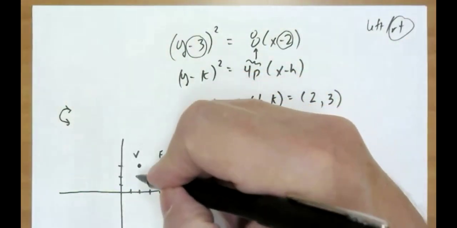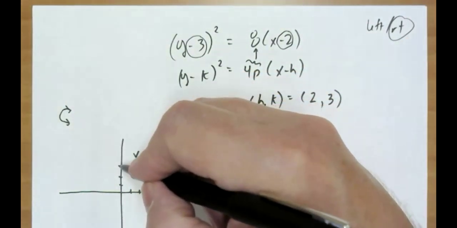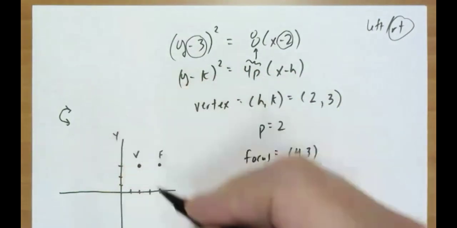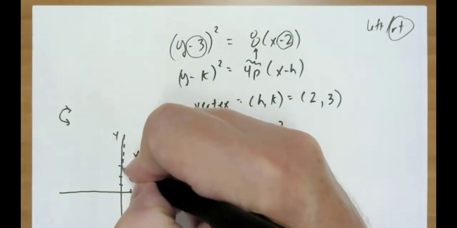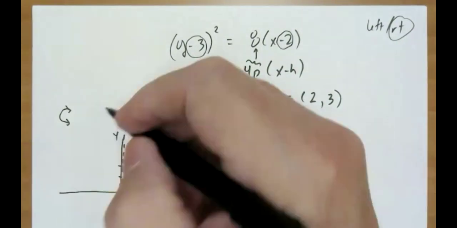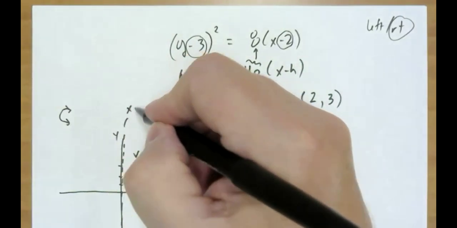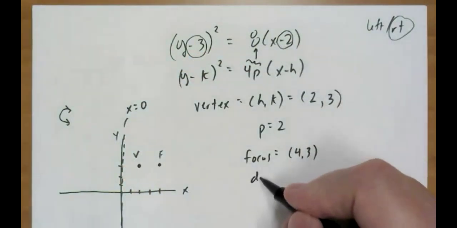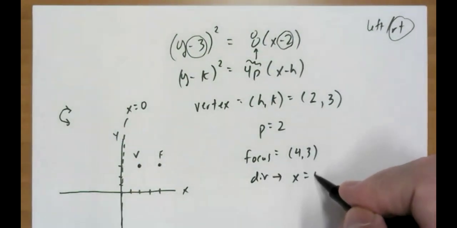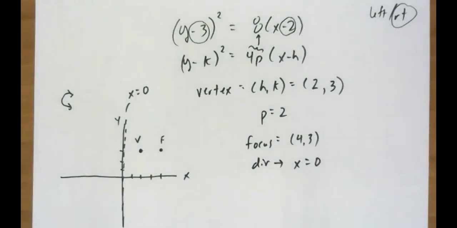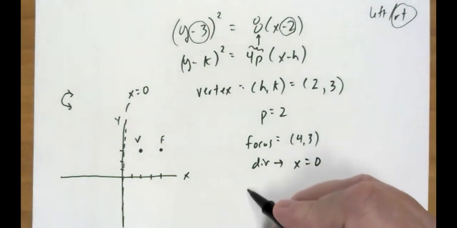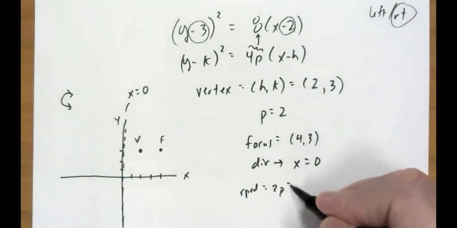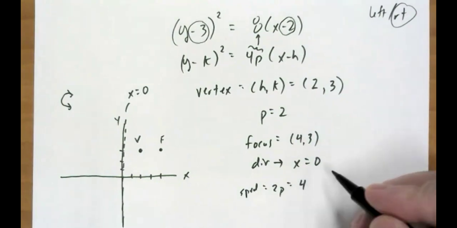Now the directrix, you move a distance p the other direction. It's actually going to be right here on the y-axis. I'll still try to draw my dashed line. So that vertical line, the directrix, is going to be x equals 0. And let's do my spread or latus rectum. It's 2p. Since p is 2, it's 4.